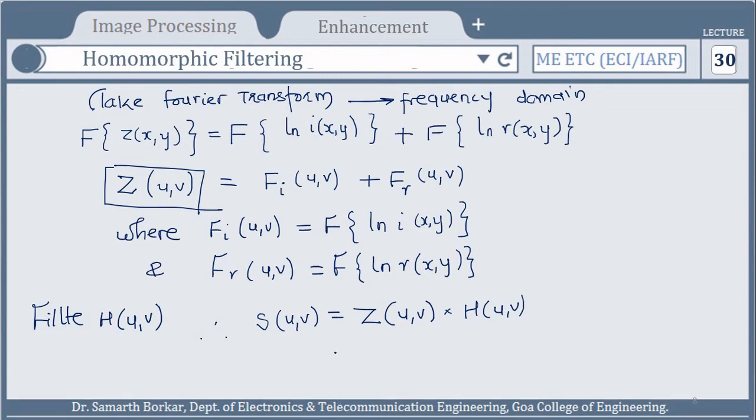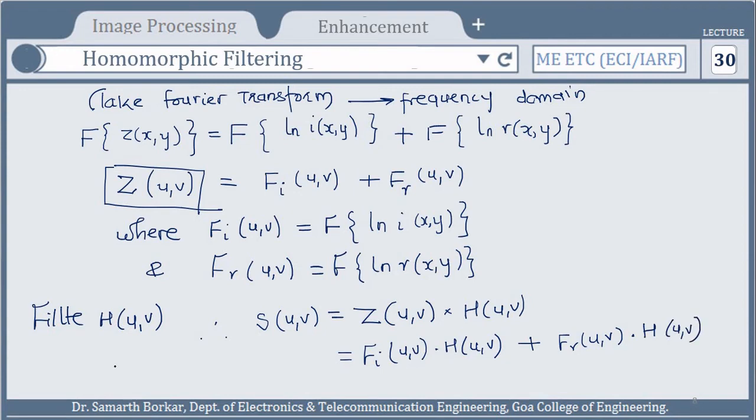So let us write this Z of u v in terms of these two functions. I can write this as F of i u v into H of u v plus F of r u v into H of u comma v.